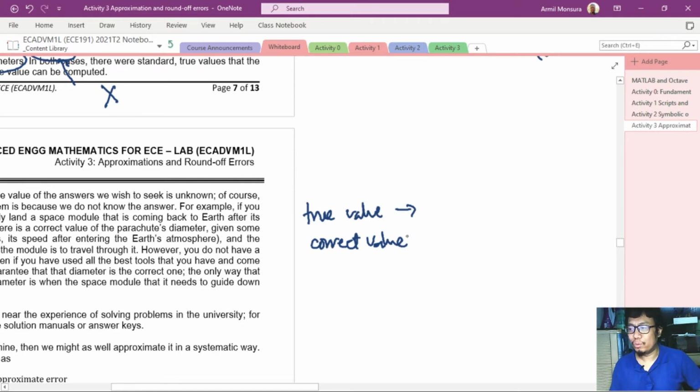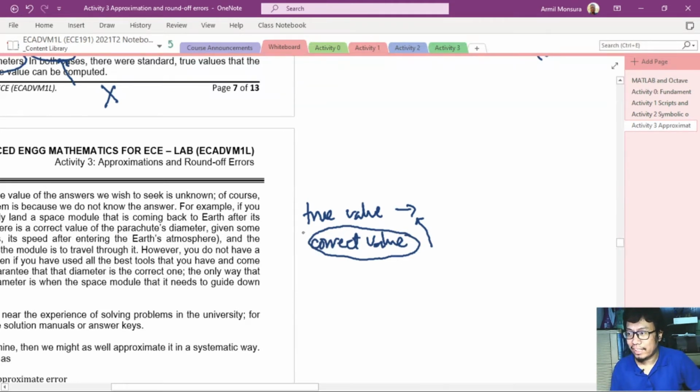But when you say correct value, this may not be the true value, but this may be the best value that your computer or your calculations can come up with, and you are confident that this is somewhat close to what the true value is, even if you don't know the value of that true value.